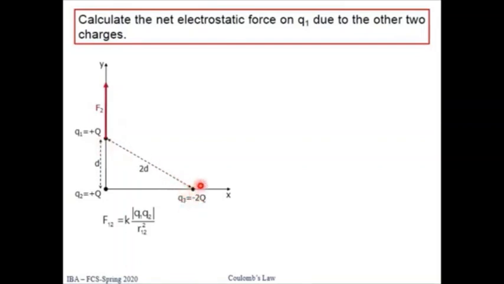Then the force from Q3 on Q1 would be attractive, directed towards each other, as with opposite charges. So F3 must be in this direction along the line joining these two points.